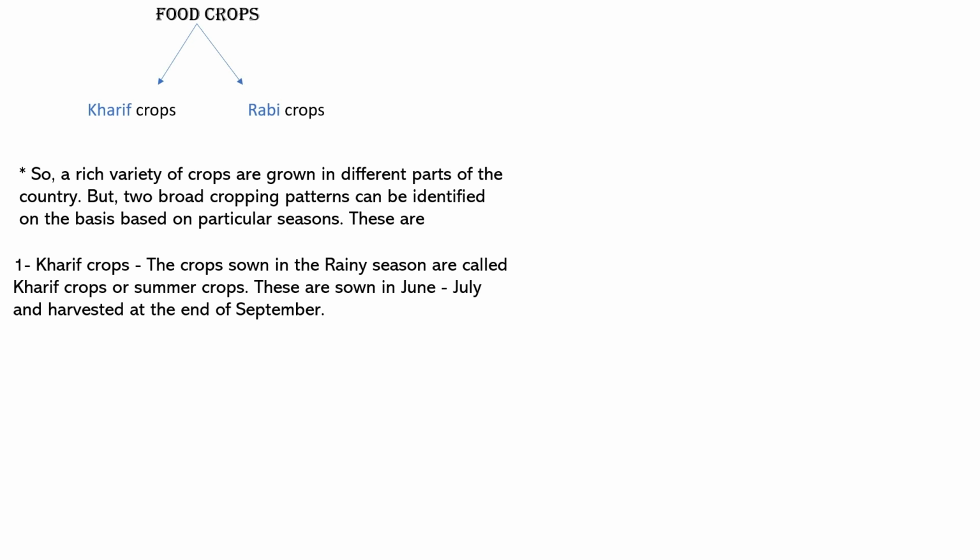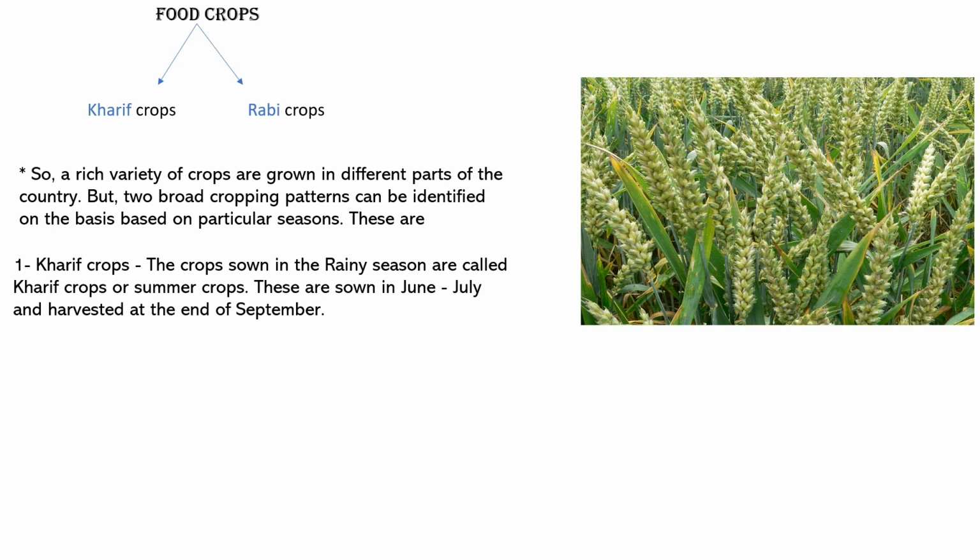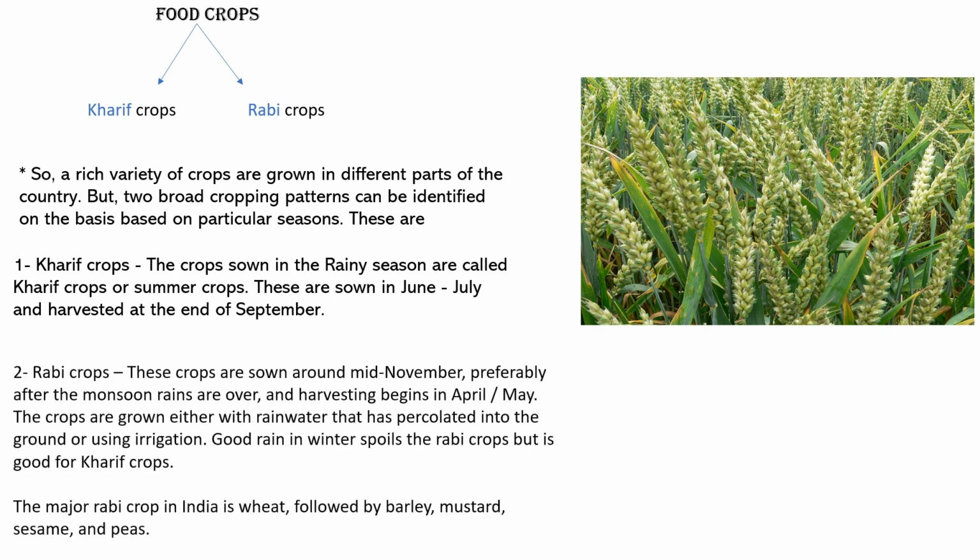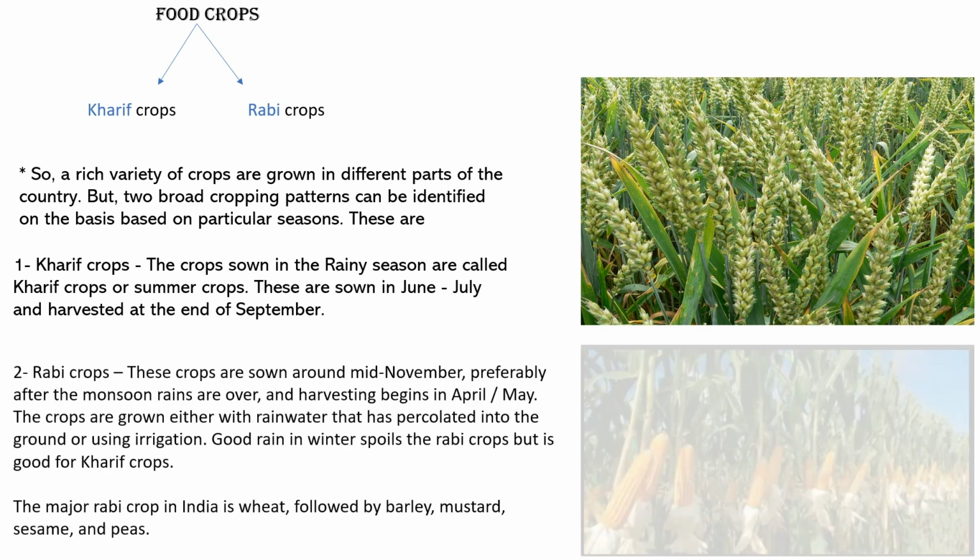Kharif crops or summer crops are sown in the rainy season, in June and July, and harvested at the end of September.